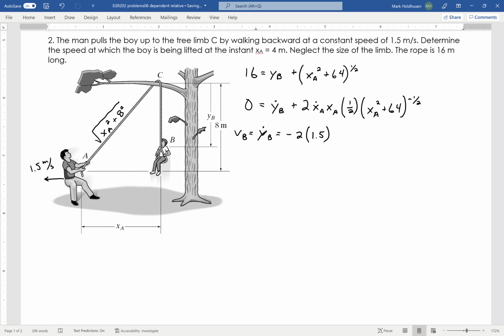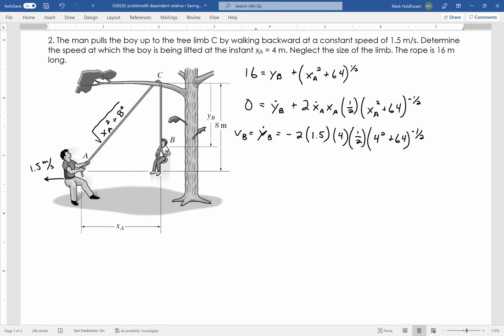As he moves backward, xa actually increases in size, so we call that a positive velocity. I want to find this when xa equals 4. Take that times 1/2, and then on the inside I've got xa, which is 4 squared, plus 64, to the negative 1/2.